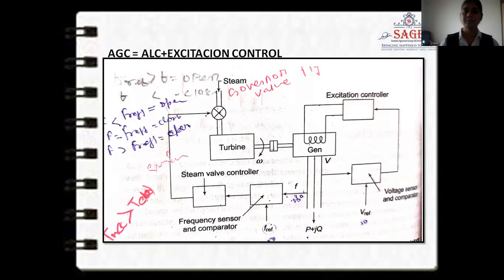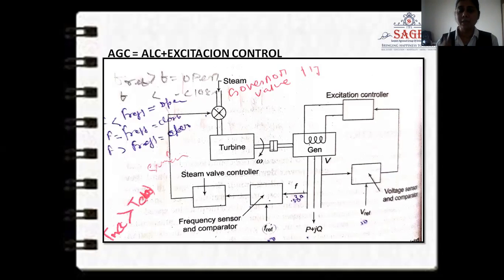First condition is the main frequency is less than the reference frequency. Second case is the main frequency, meaning the generated frequency, is equal to the reference frequency. And the third one is the main frequency is greater than the reference frequency. Now, if these conditions are there, what will happen?